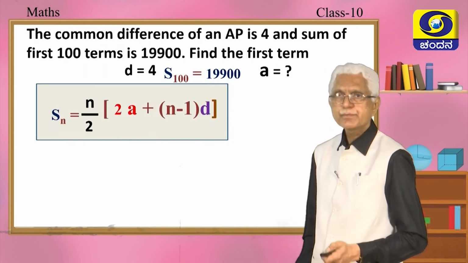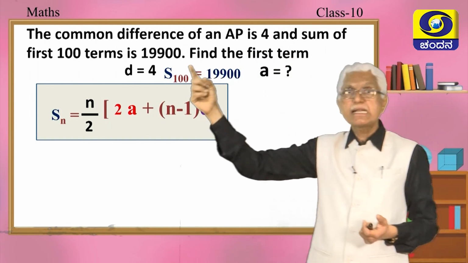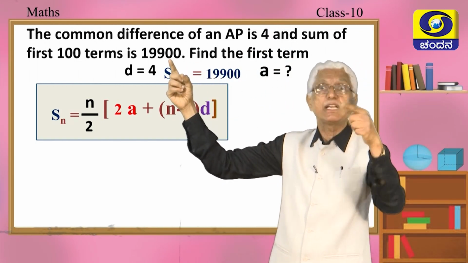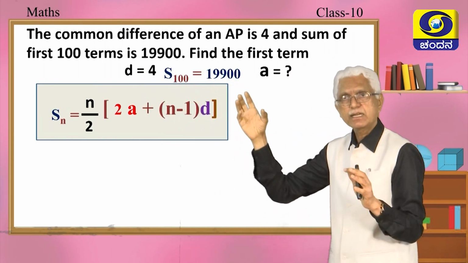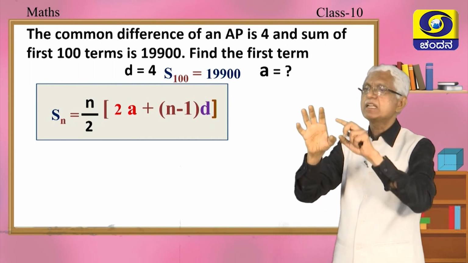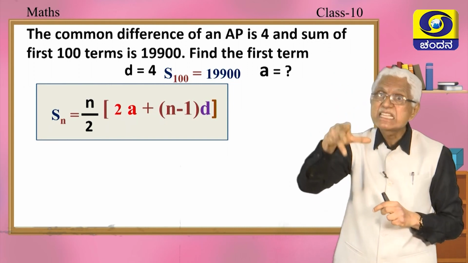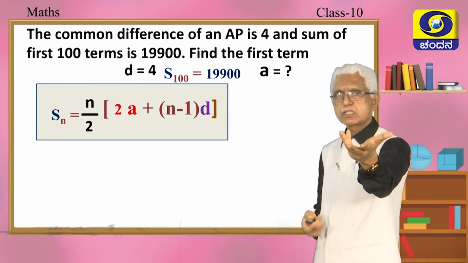Well, my dear children, they have given you the common difference d as 4 and they have given you the sum of 100 terms. There you found out, here they have given, and they want you to find out the first term, correct? I told you, no, Sn, A, N, D. Out of 4, any 3 will be given, you will be finding the fourth one. Okay, D is given to be how much? 4.